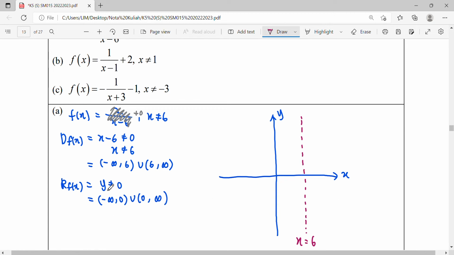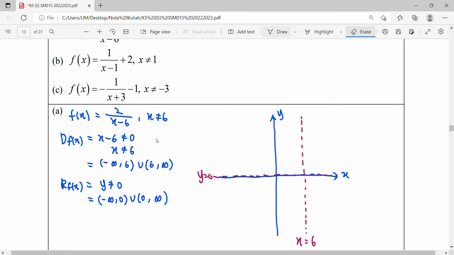For the horizontal asymptote, you can see y cannot be 0. Y cannot be 0 is a horizontal asymptote. This is y equals 0, so your graph will not cut this line. So these two lines are called asymptotes. Then where does our curve occur? We look at our rational here.